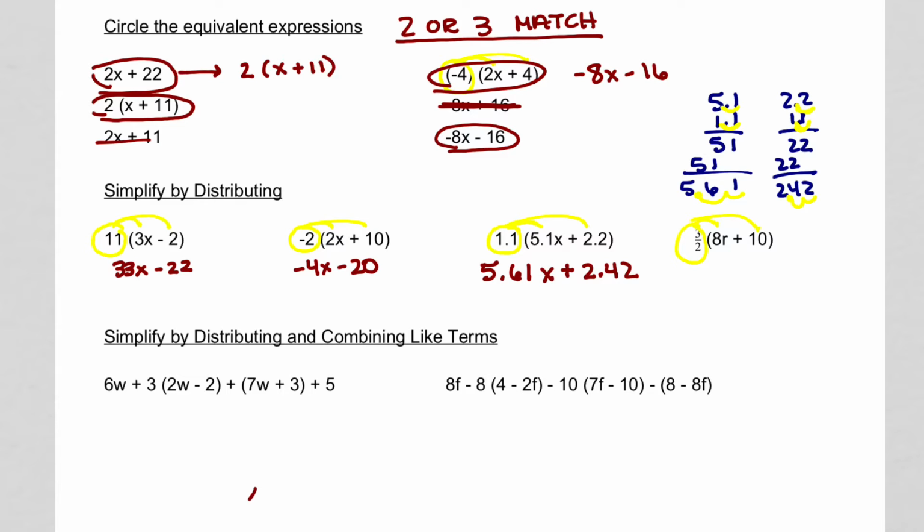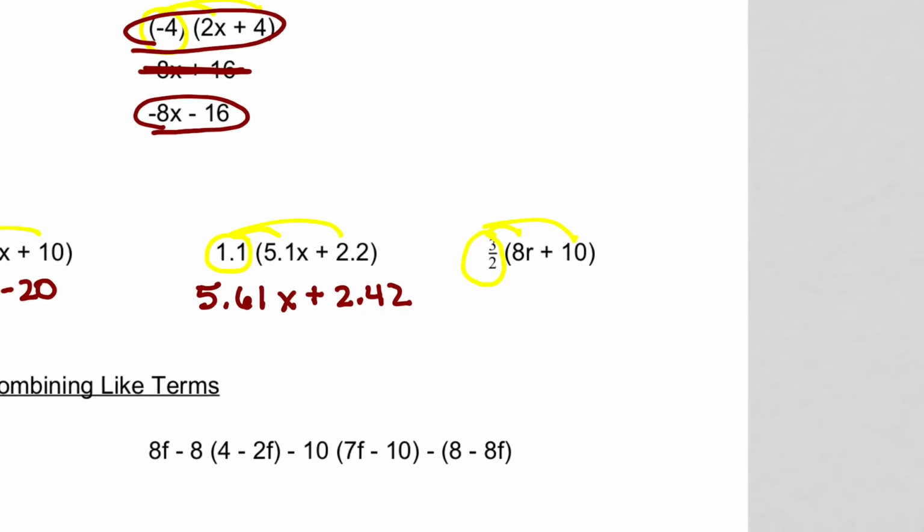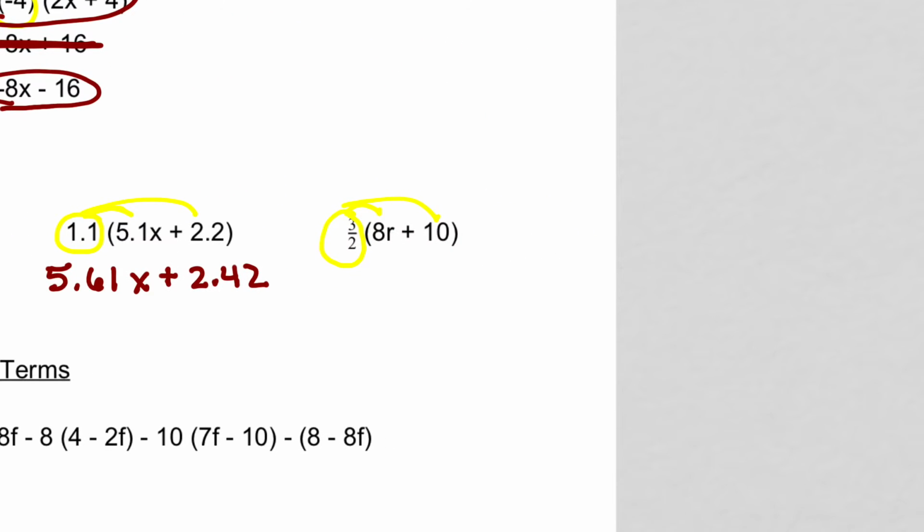Let's see, I'm going to clear some area to do a little bit of work right there. So actually I could probably move it over this way. Let's do that. All right, so I've got 3 halves times 8r. Well, I can just put that here. I could go ahead and reduce it, or I could just do 24 over 2 and recognize that that means 12.